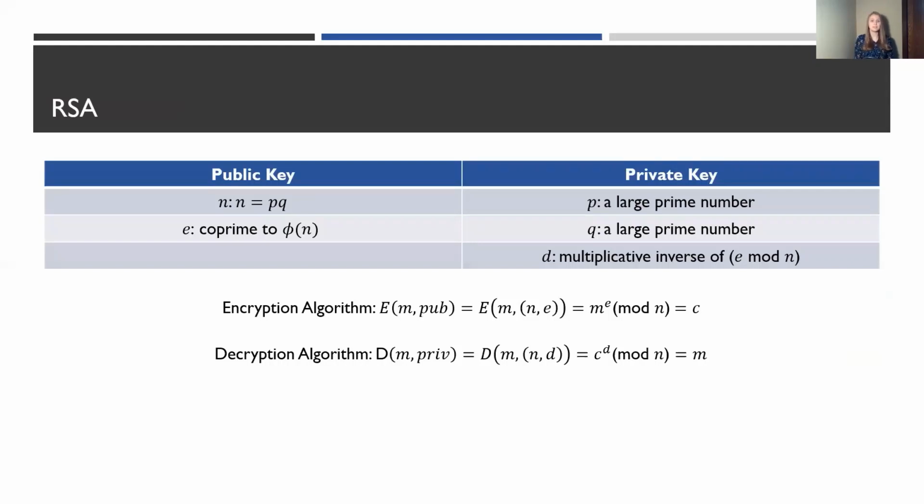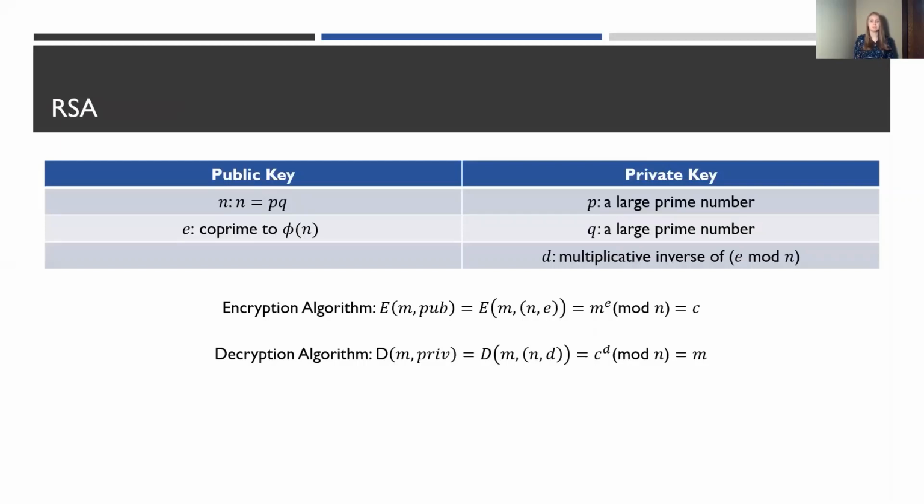We will start by generating two random prime numbers that are quite large. In fact, in application, they are often over 1 million digits in length. These two large randomly generated numbers we will call P and Q. They will be kept private. Then we can define N to be P multiplied by Q.